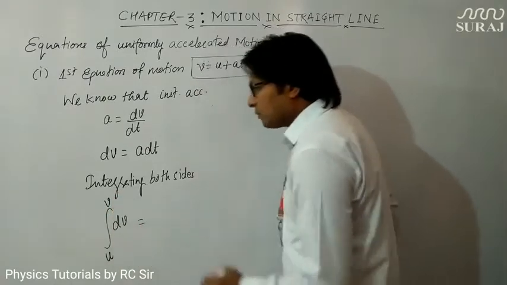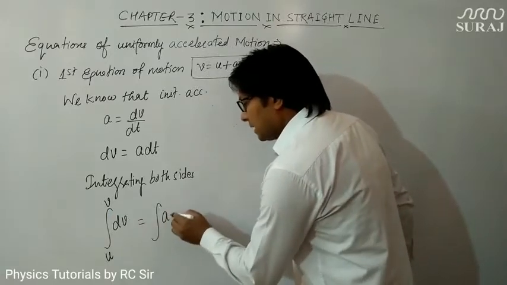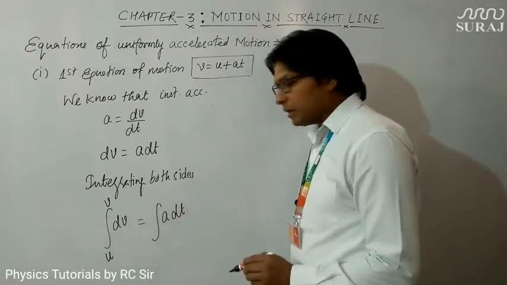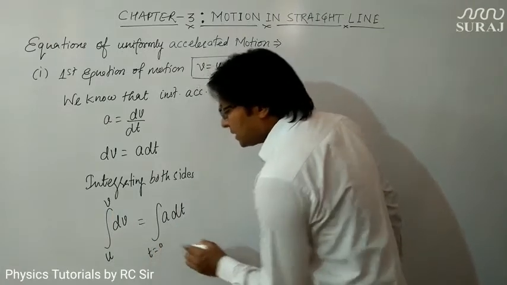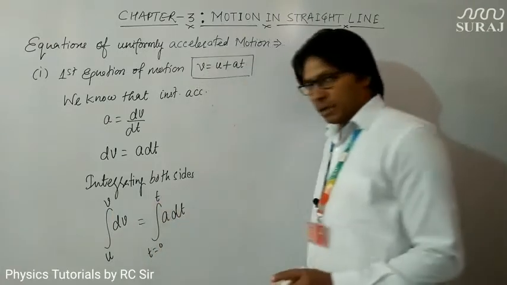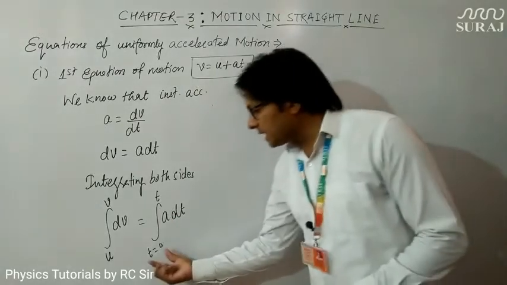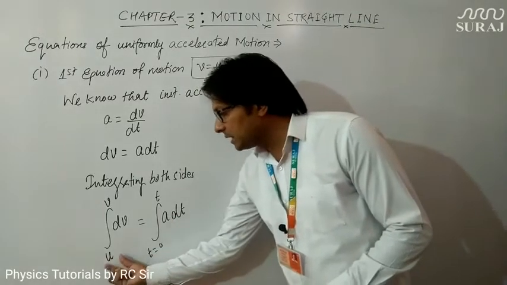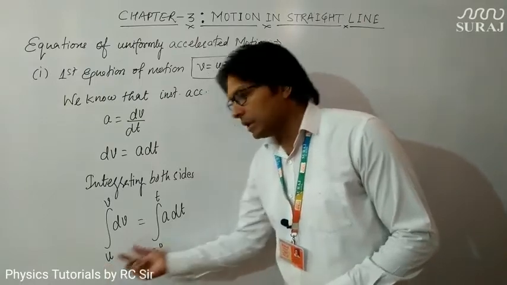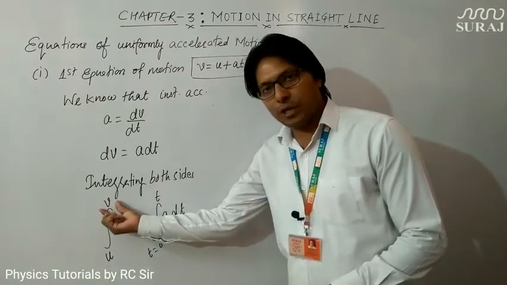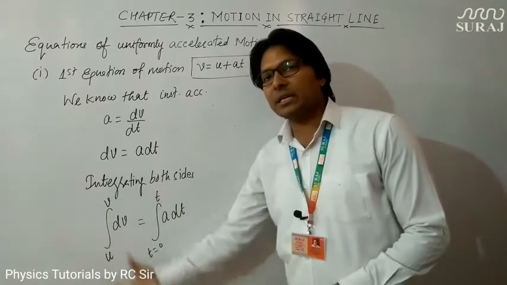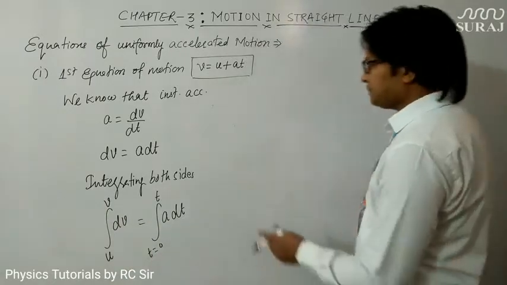This is equal to the integration of a into dt, where t is the variable and the limit of t is from 0 to t. We have assumed that at t equal to 0 seconds the initial velocity of the object was u, and at t seconds later the speed becomes v.